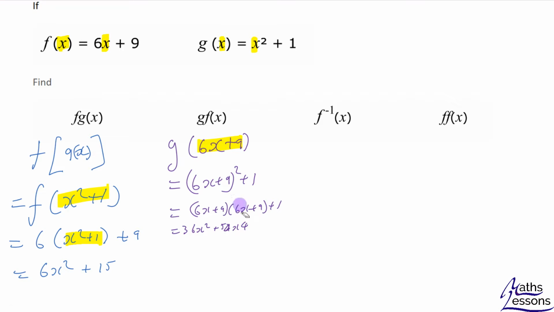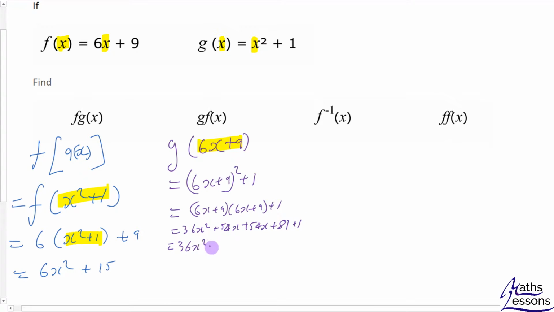Sorry, I'm trying to get it into too small a space. That's 54x plus 9 times 9 is 81, plus 1. So you could write it out as 36x squared plus 108x plus 82.